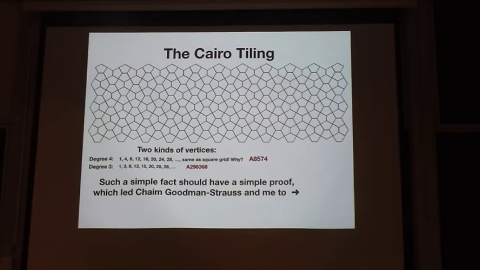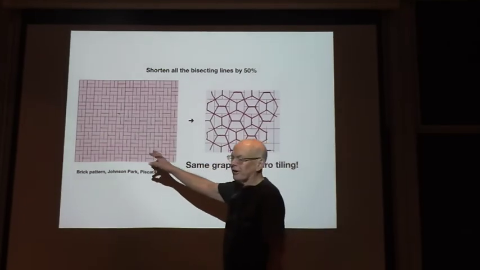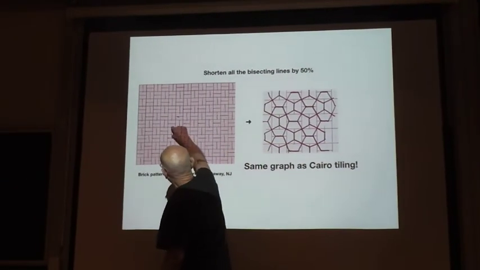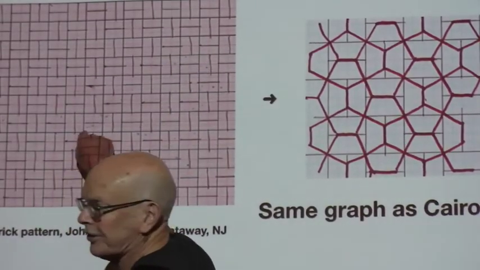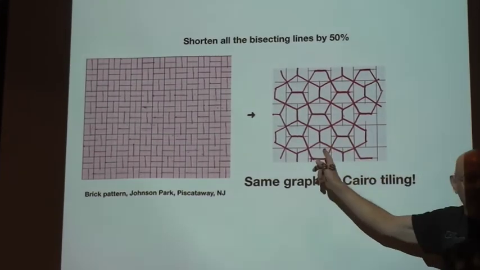And to see that it's the same, if you take the thing in Johnson Park and contract all of the diameters of the squares by 50%, you get the chirotiling.